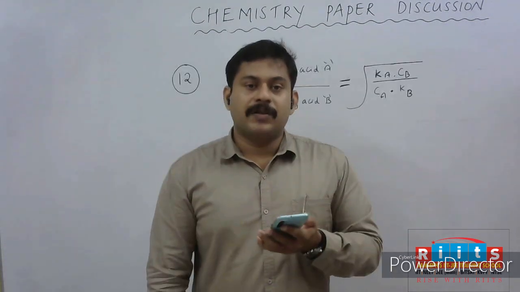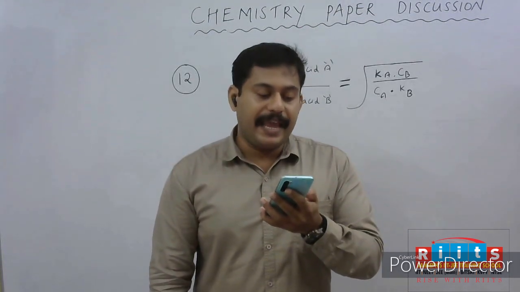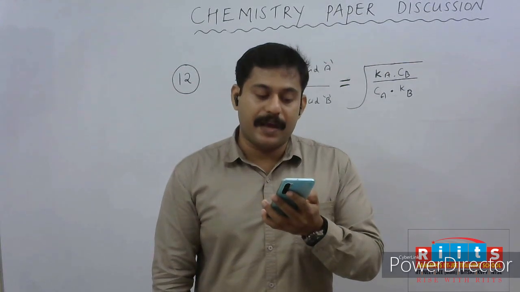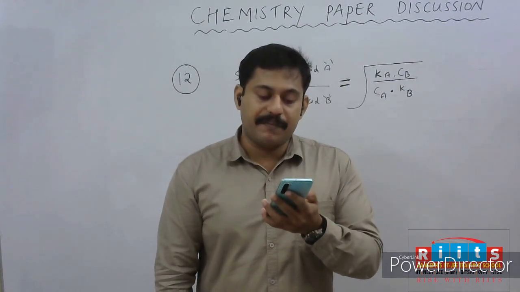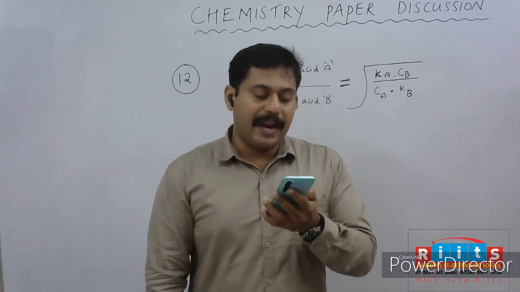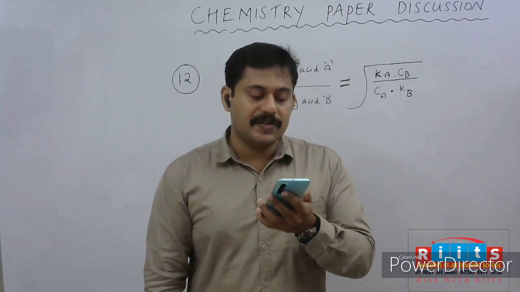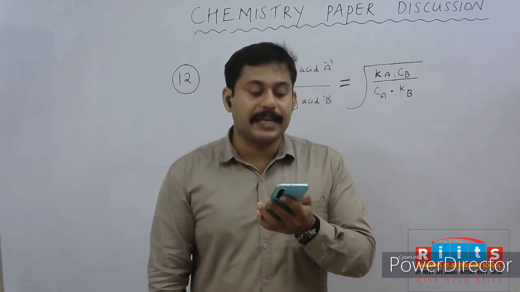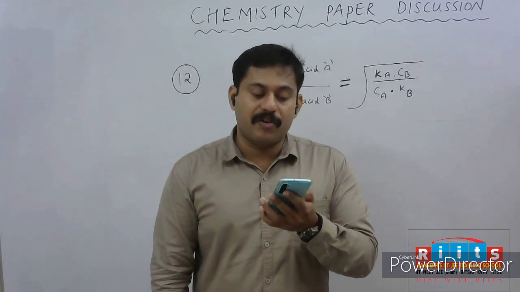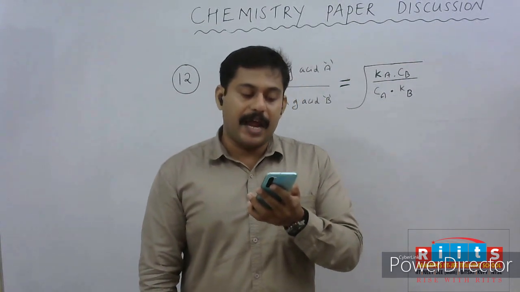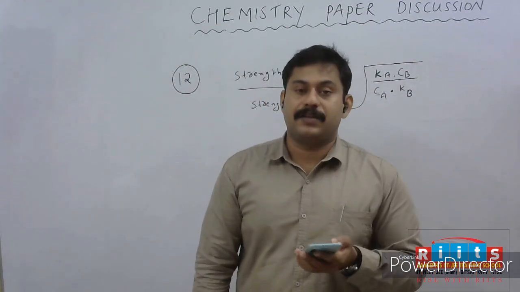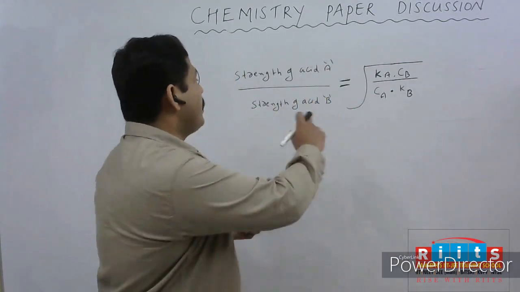Thank you. So let's start question number 12. The Ka values of acetic acid and formic acid are given to be 1.78 into 10 raised to minus 5 and 1.7 into 10 raised to minus 4 respectively at 298 Kelvin. The ratio of acid strength of 0.1 molar formic acid and 0.1 molar acetic acid. So this is separate, look here.